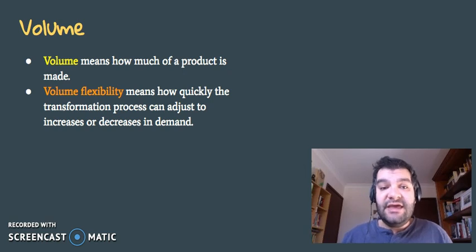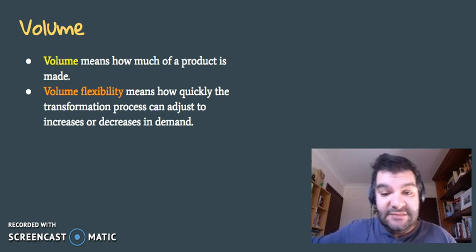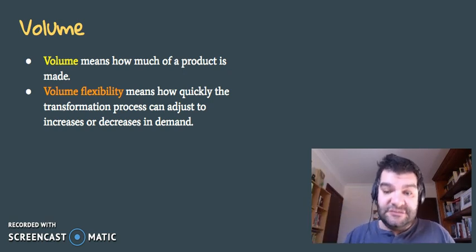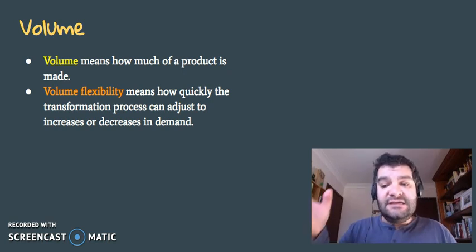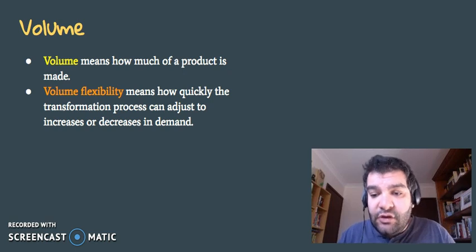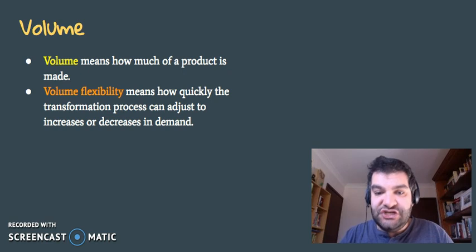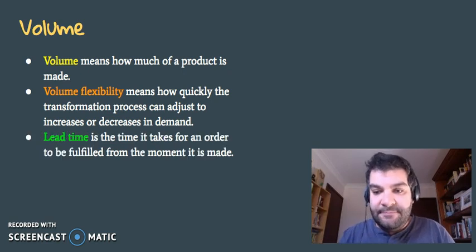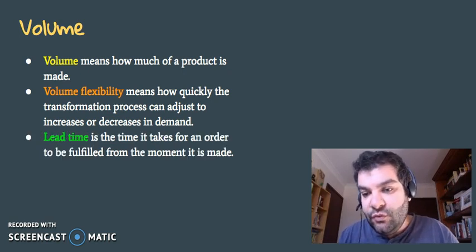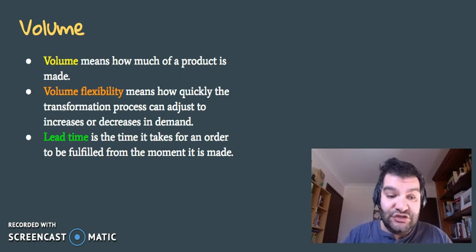How quickly can they get more supplies, get more raw materials, get more workers in order to meet that spike in demand? On the offside as well, it's looking at if there's a decrease in demand, well, how quickly can they get onto their suppliers and slow down shipments and slow down the orders so they don't have too much in stock?